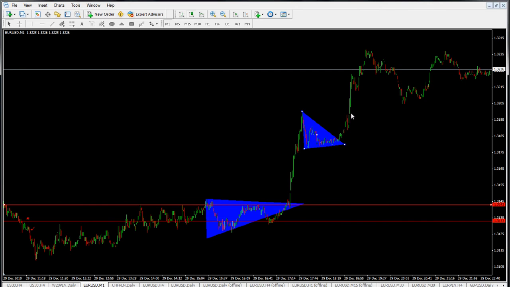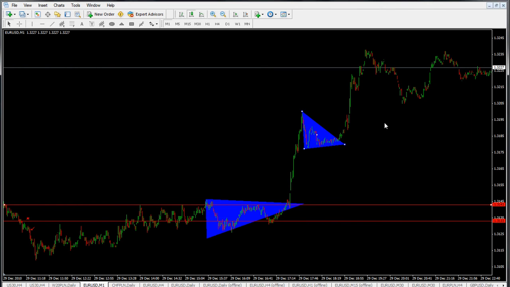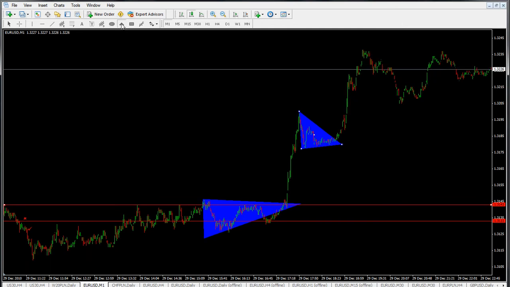We can see some one or few pips gap at the chart, which doesn't necessarily have to be visible at the bigger time frame. So we had another move following to the upside.